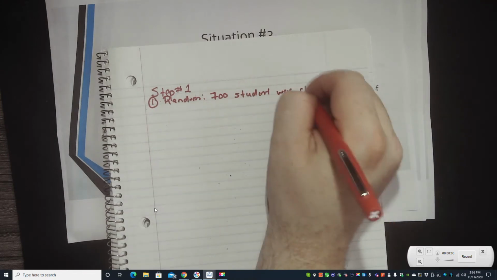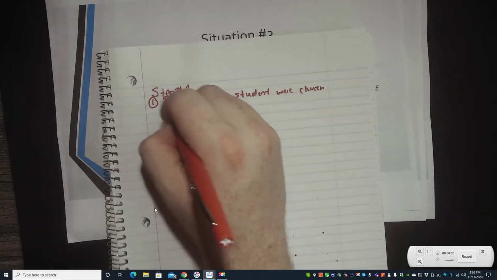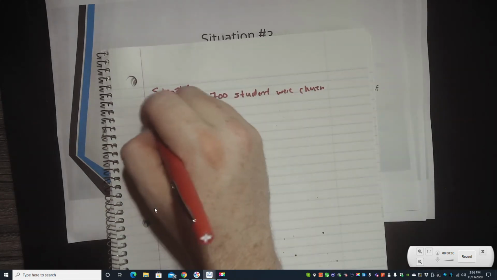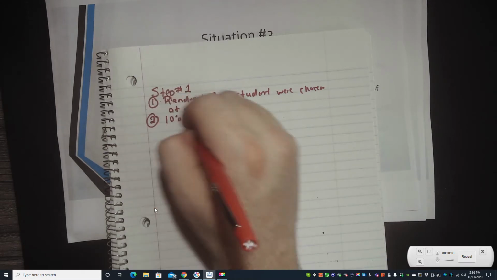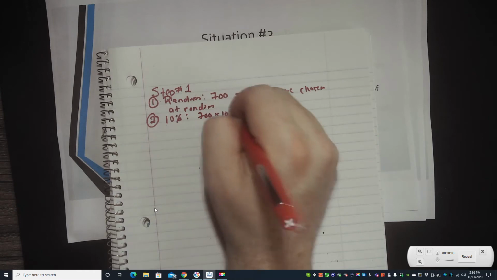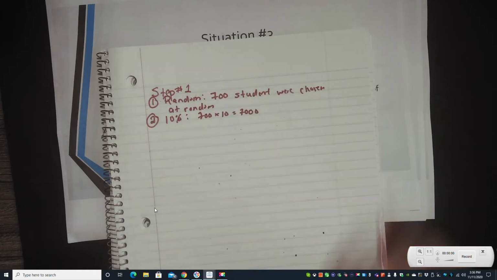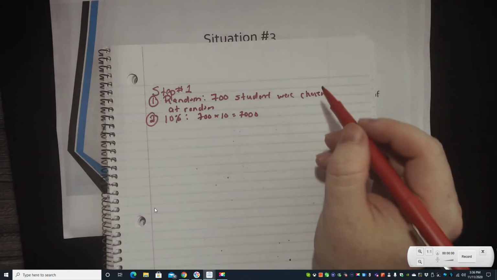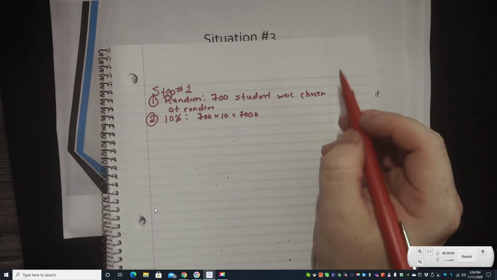were chosen at random, to 10%. 700 times 10 equals 7,000. This one might be a stretch. I don't know. I'm a teacher, and I've probably seen more than 7,000 students in my lifetime, but it might be a stretch.